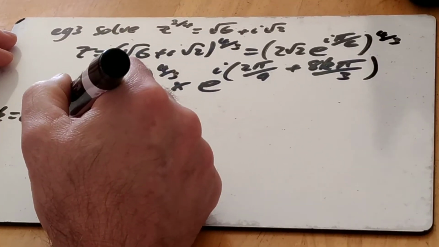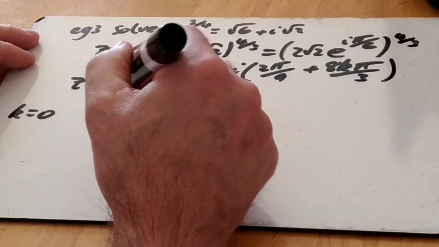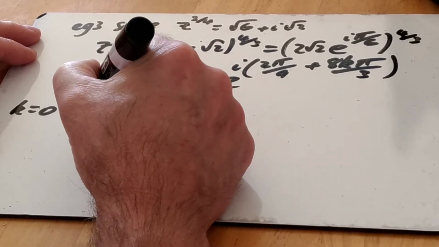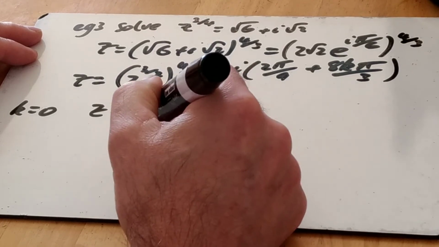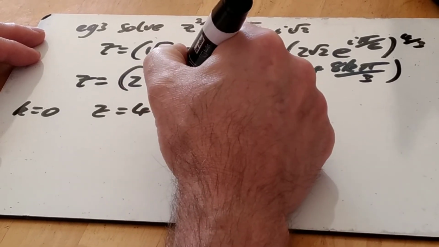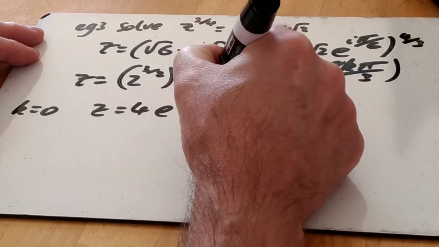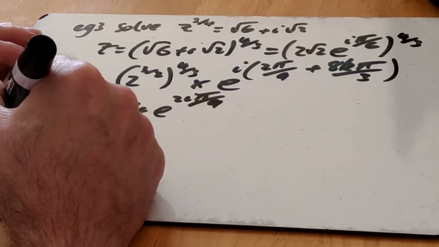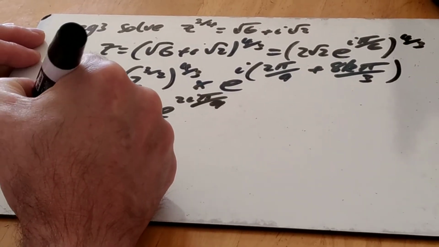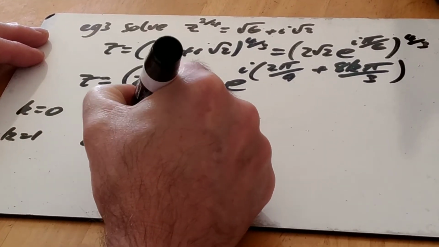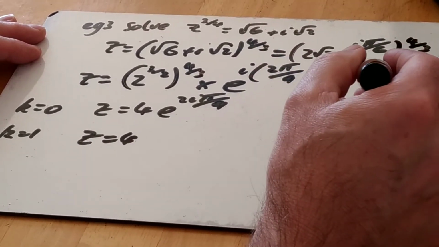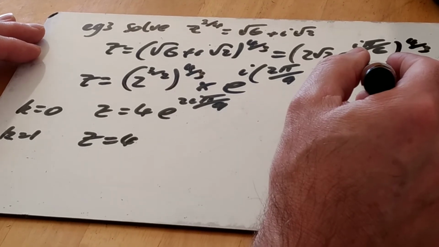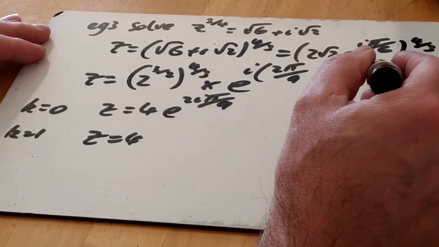See what I get. K equals 0 gives me whatever the mod is of z, 2 to the 4/2, 2 squared, 4, e to the 2i pi over 9. K equals 1, z equals 4, so I've got 2 9ths plus 8/3, and that might end up being out of my range.